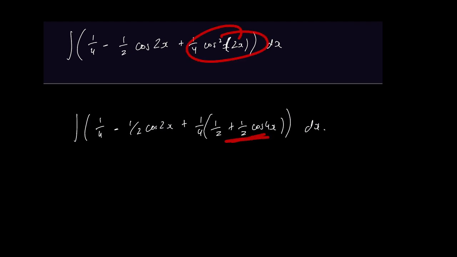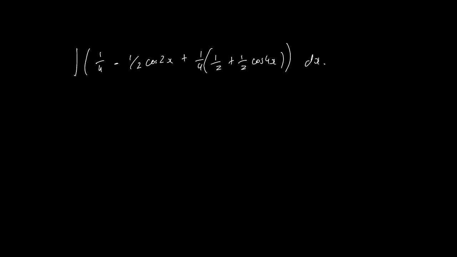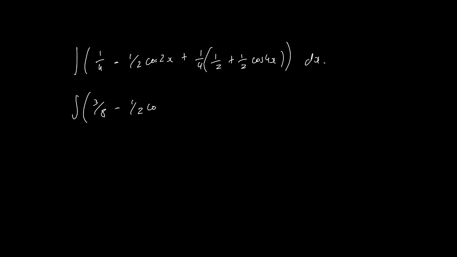Because we've expanded this bit here, according to our formula before. So from there, we get 3/8 minus a half cos 2x plus 1/8, sorry, of cos 4x dx.